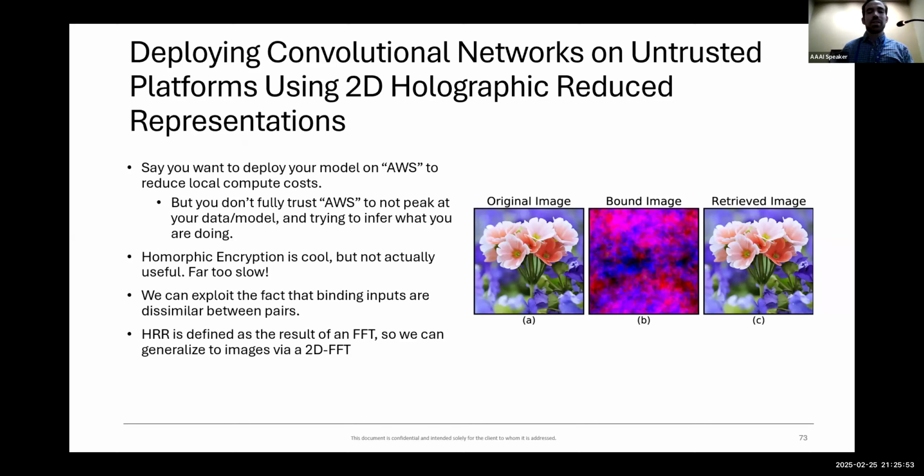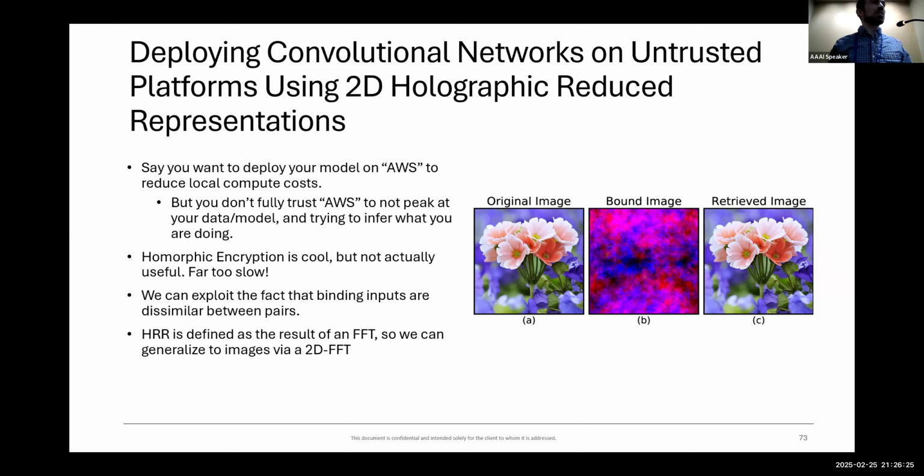So let's say that you want to deploy your neural network onto some third-party platform, something like AWS or Google Cloud, something that's going to run your model and run your predictions all over the world. But you don't fully trust them not to peek under the hood, right? Someone's sending data to your model, and someone thinks, oh, you get so much traffic to your model, maybe I want to go look and see what your model's doing.